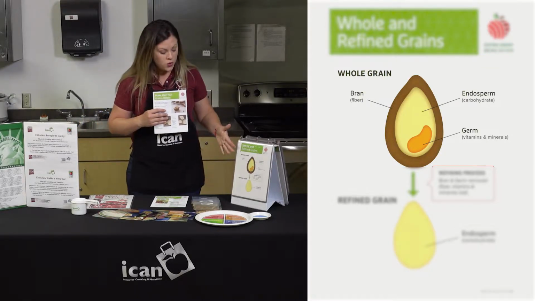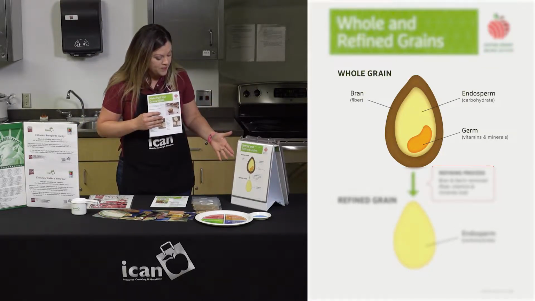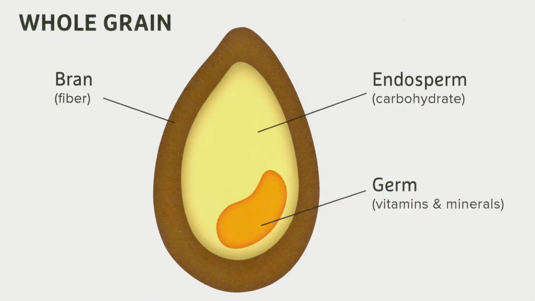When we have a whole grain, this whole grain has three parts to it. It has the bran, which gives us fiber, and the bran is kind of like the shell of the outside of the grain. We have our endosperm, which contains the carbohydrate, and this is the center part. And we have our germ, which is almost like the little seed in the middle.